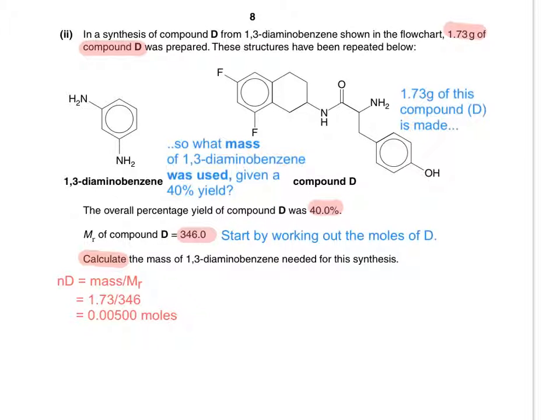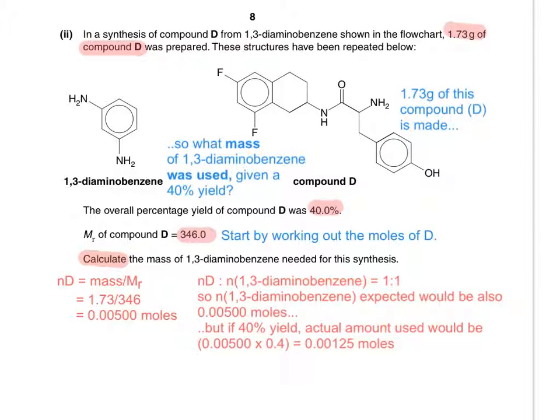And what we've got to look at is the number of moles of diaminobenzene that would be needed, given that that's the number of moles of D that's produced. So the next thing to do is to recognize that the mole ratio between D and 1,3-diaminobenzene is 1 to 1.